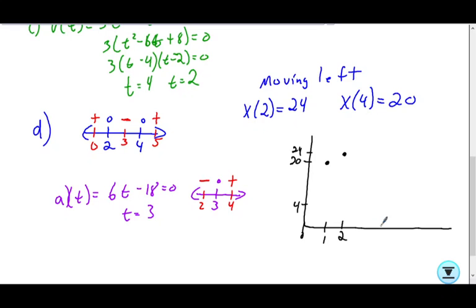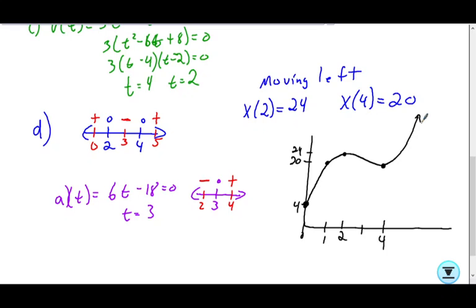Then at time equals 4, we're back down to 20. And so our graph looks something like this. This is a maximum, then it comes down, minimum, and then it goes back up. This is what my graph looks like.